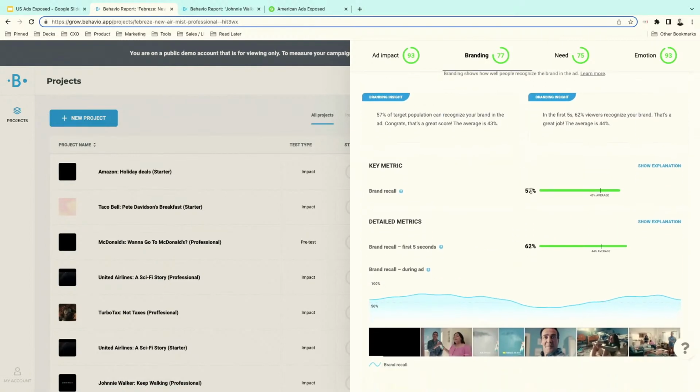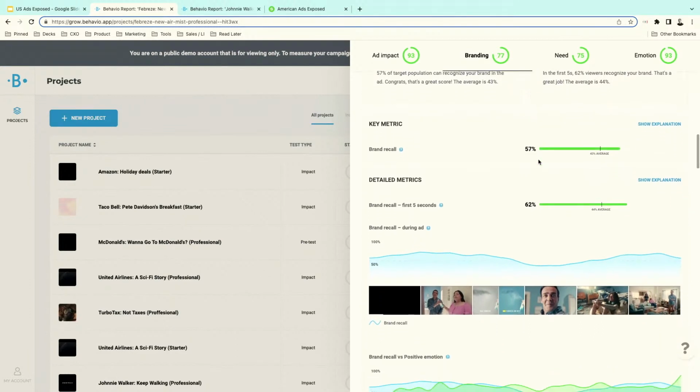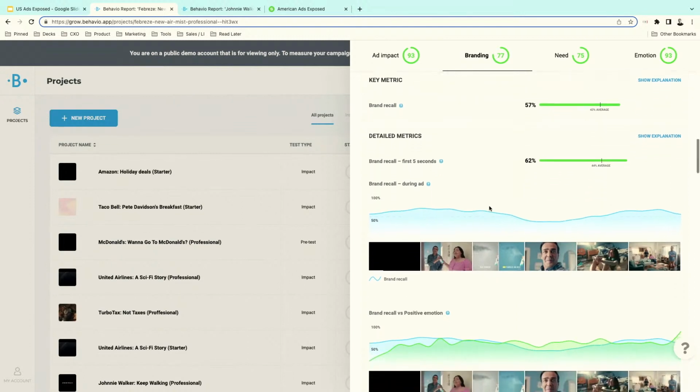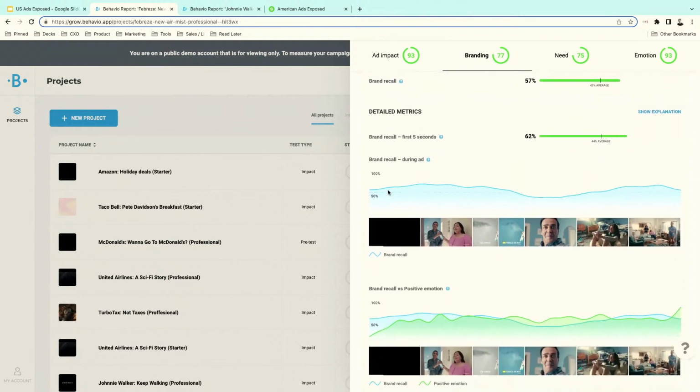Then let's look at the branding really briefly. You can see that 57% of people were able to correctly write the brand name after seeing the ad, which is quite high. And we also measured this second by second. So you can see here that it hardly ever gets below 50%, which is pretty great.